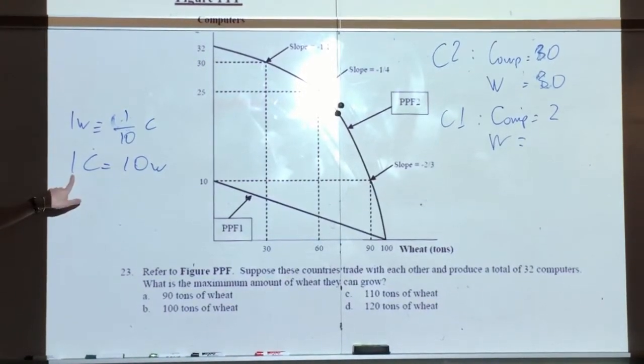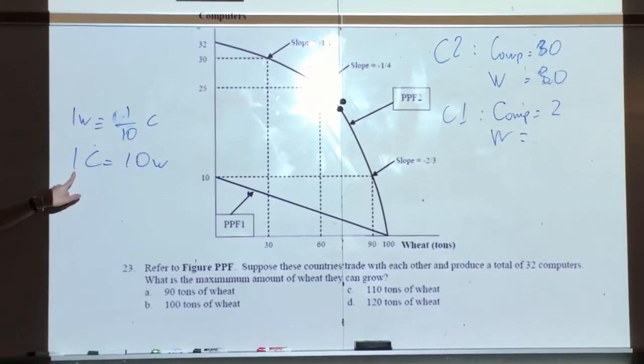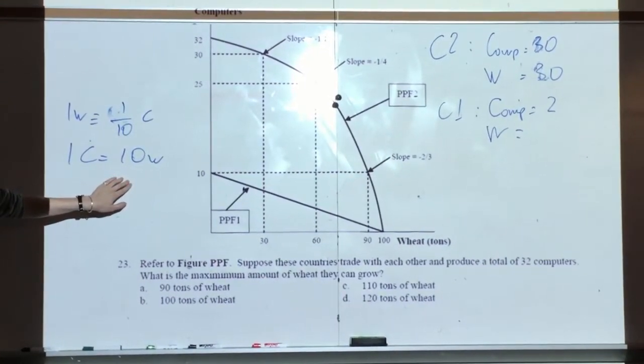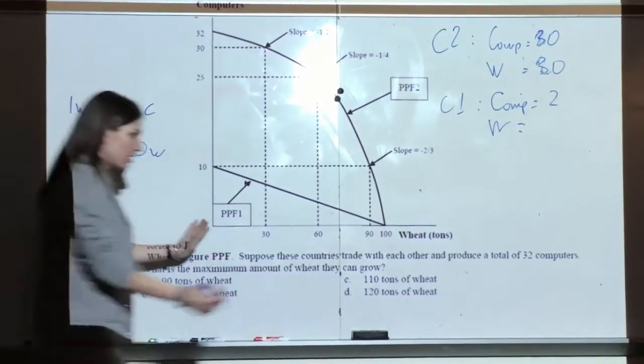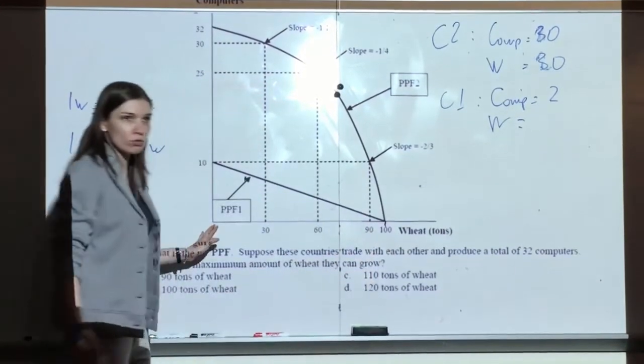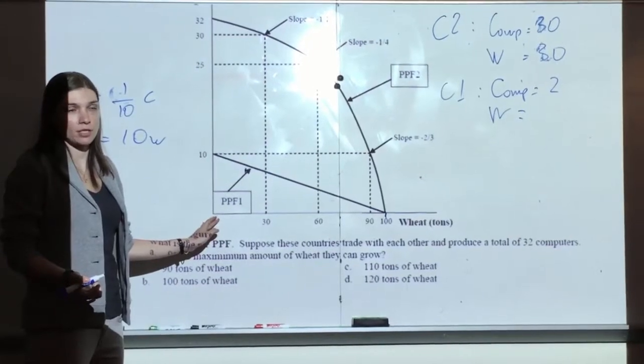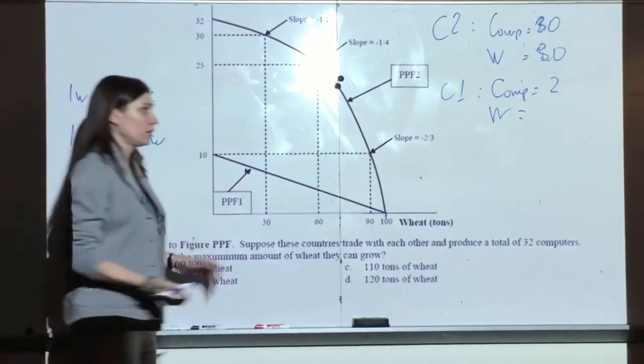And they produce 2 computers, so they gave up the production of 20 tons of wheat. If they can only produce 100 at most, they gave up 20. How many did they end up producing? 80.